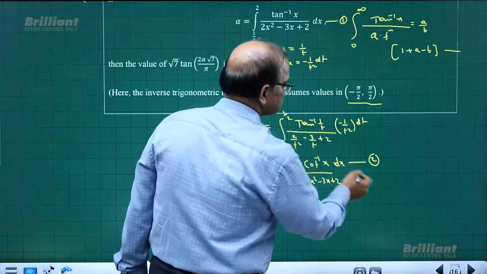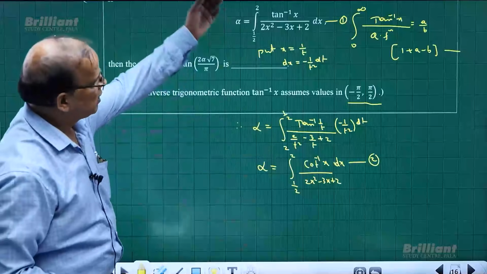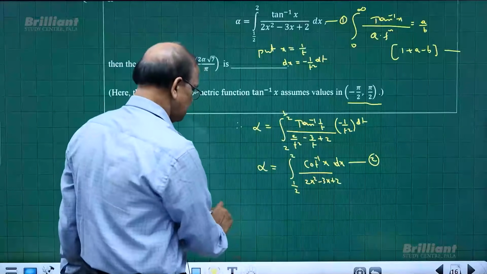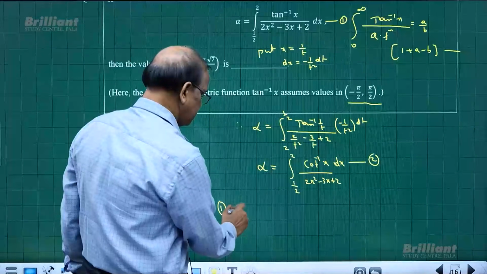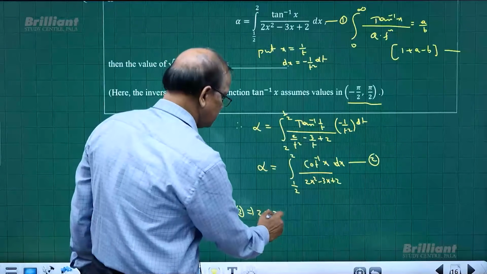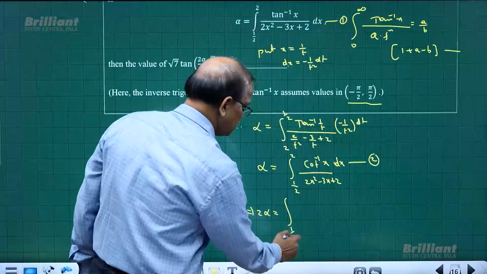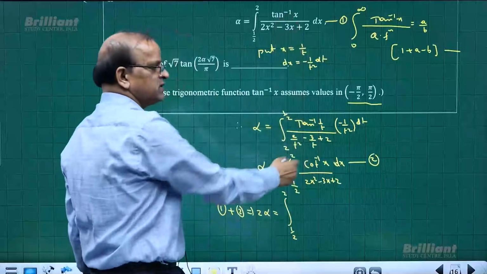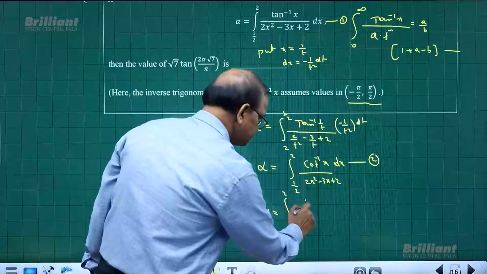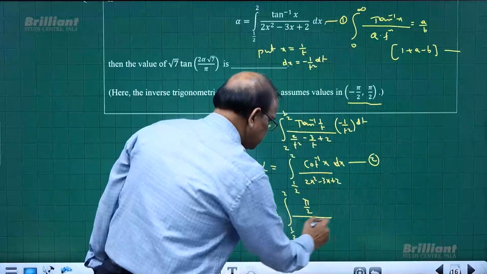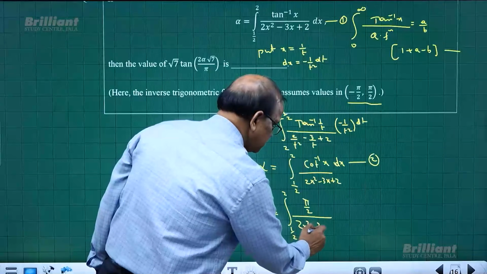Change t to x, a dummy variable, and add 1 and 2. So 2 alpha is equal to the integral from 1 by 2 to 2 of tan inverse x plus cot inverse x, which is pi by 2, by 2x square minus 3x plus 2.